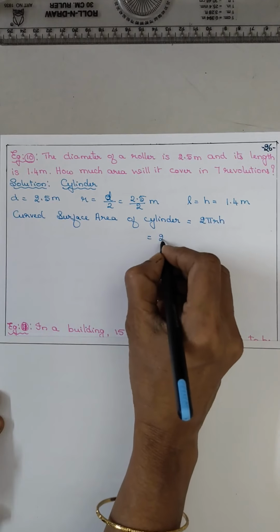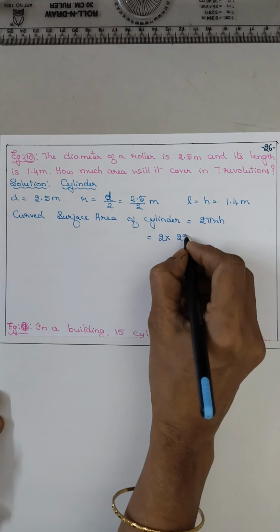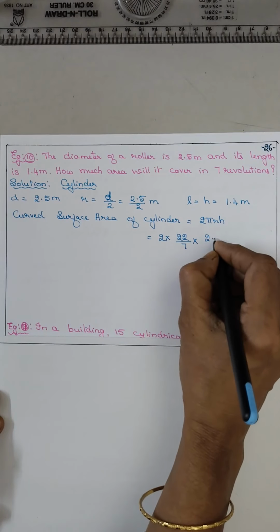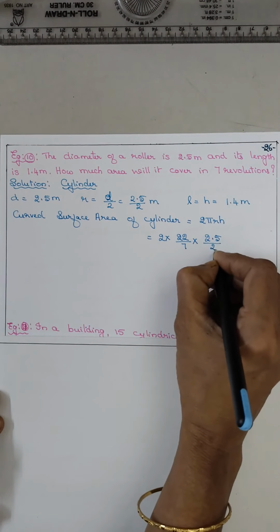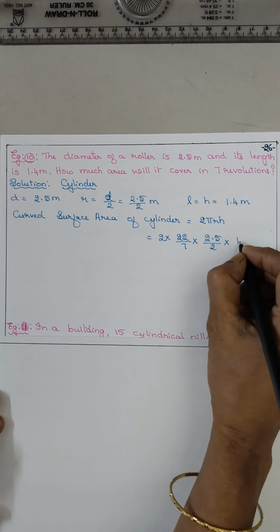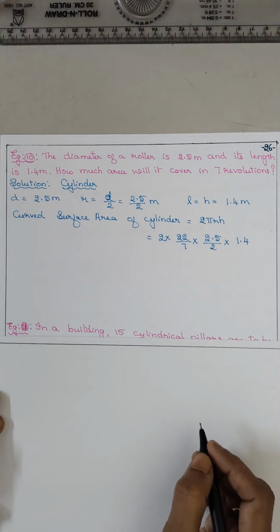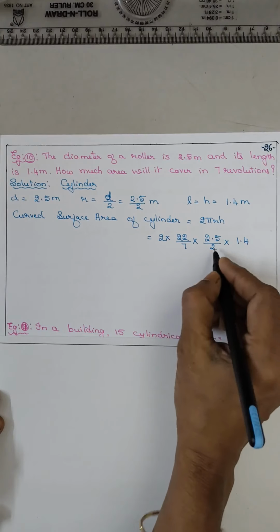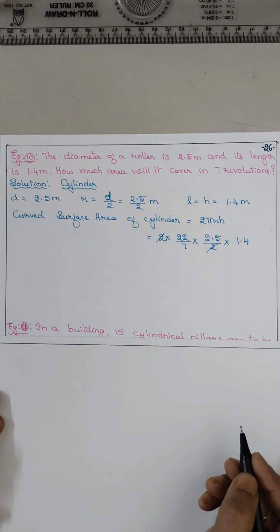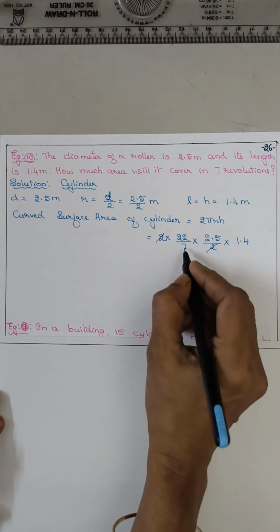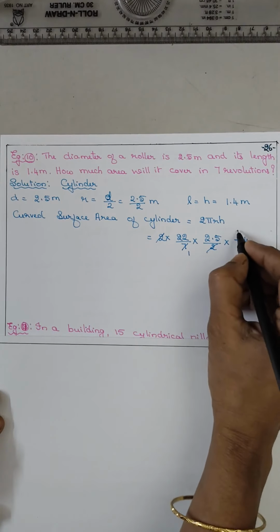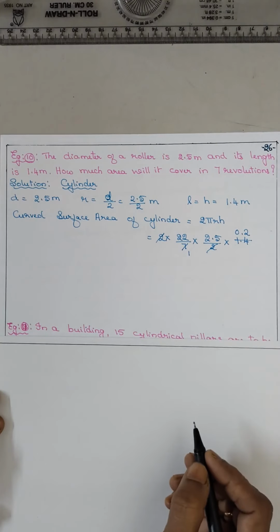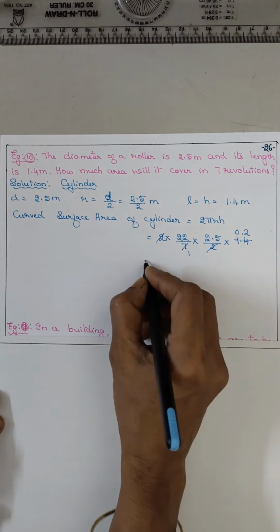Now put the values. 2, pi is 22 by 7, R is how much? 2.5 upon 2. And H is how much? 1.4. Now you understood why we didn't calculate this? So 2 gets cancelled. Now 7 ones are 7, 7 twos are 14. You got 0.2.